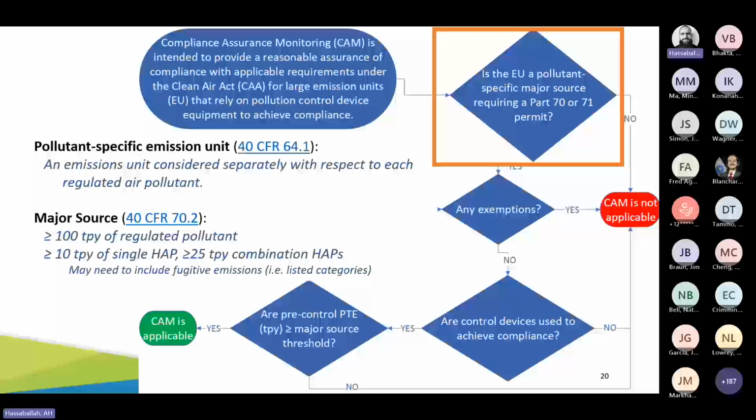The answer is that the potential pre-control emissions would be calculated for each pollutant-specific emission unit. And if those emissions are less than the major source threshold, then the coating line would not be subject to CAM for that pollutant.